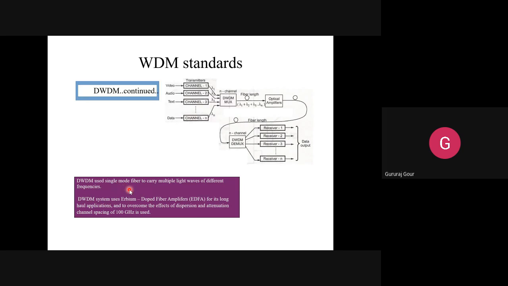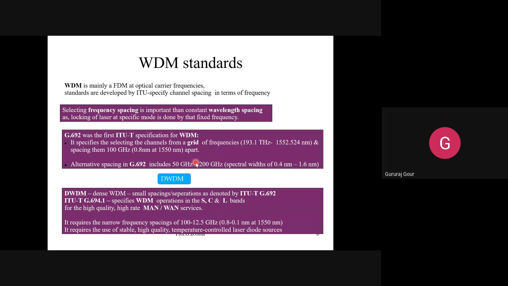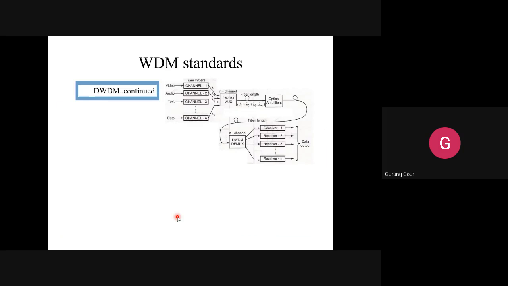It uses single mode fiber to carry multiple light waves of different frequencies, and over 100 gigahertz spacing it can be used with this laser source. This is all about DWDM, a flavor of G.692, which is supporting the G.694.1 standard.